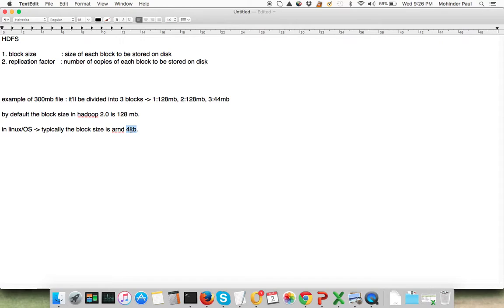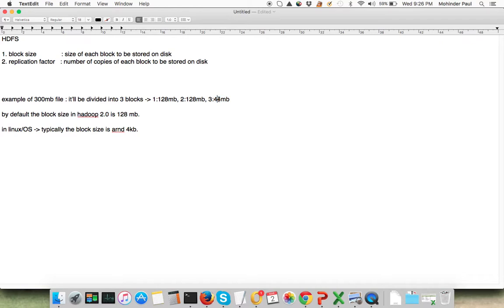So if your file is taking 2 blocks, it will take 8 kilobytes of disk space. So you waste whatever is free space within a block. But in the case of HDFS, that's not the case. In HDFS, whatever space is left from the last block is given back to the file system.